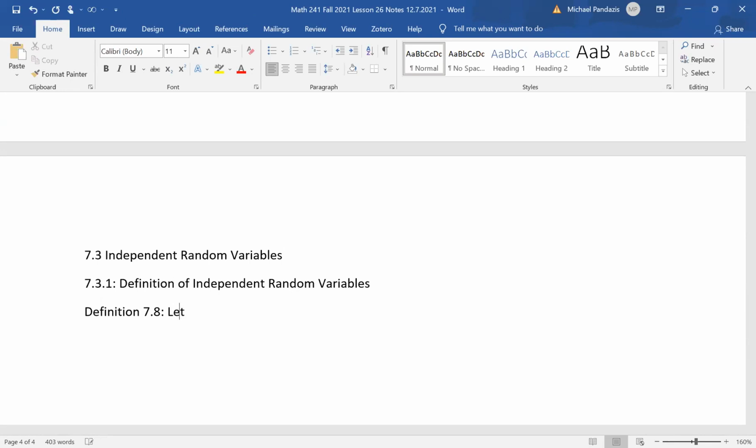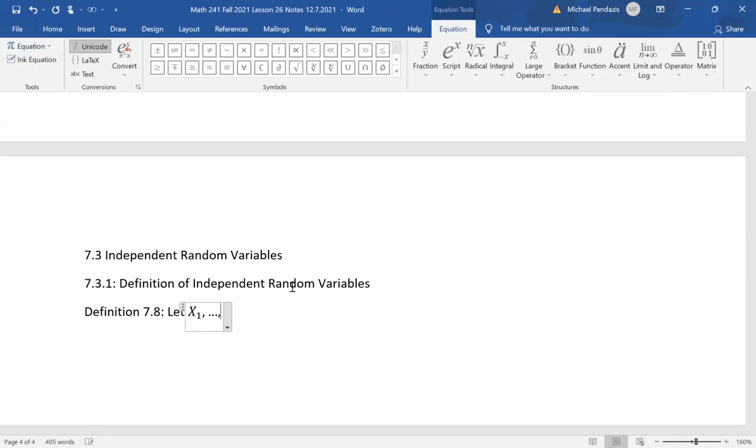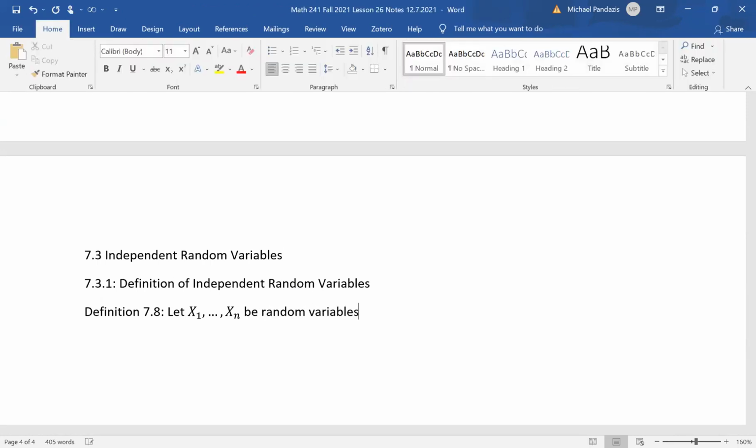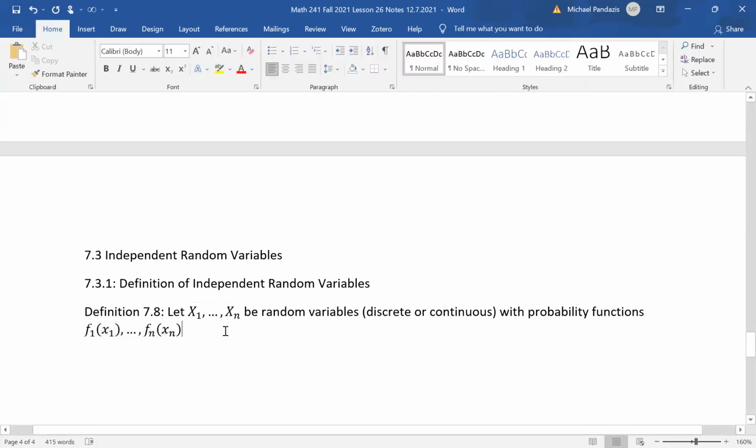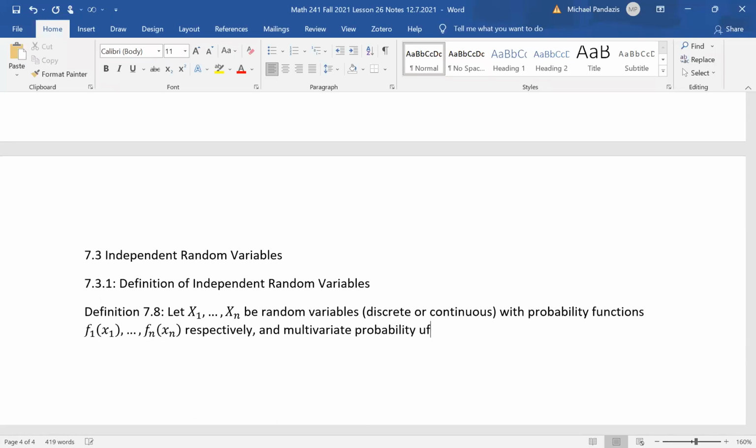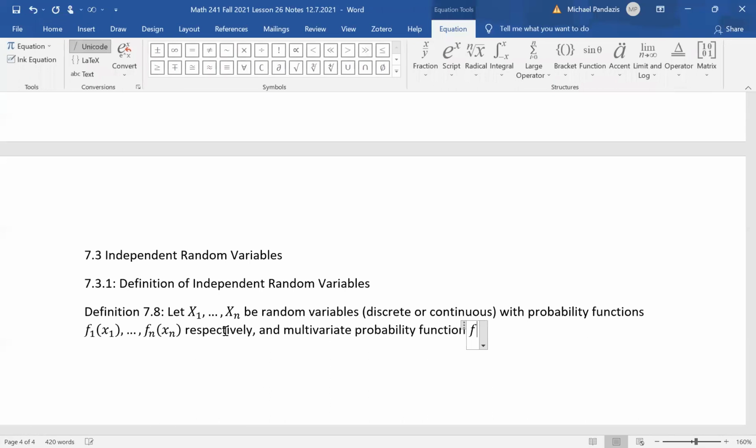Definition 7.8. So we're going to let X1, ..., Xn be random variables, discrete or continuous, with probability functions f1 of x1, ..., fn of xn, where little x1 is values of capital X1, ..., little xn is values of capital Xn, respectively, and multivariate probability function f of x1 comma ... comma xn.